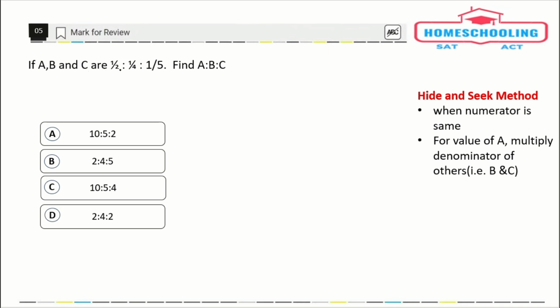If A, B, C are 1 by 2, 1 by 4, 1 by 5, find A, B, C. First you will do it by the LCM method. So A is to B is to C is 1 by 2, 1 by 4, and 1 by 5. What is going to be the LCM of 2, 4, and 5? LCM would be 4 into 5, that would be 20.